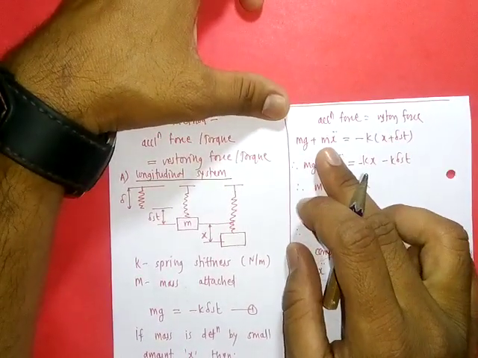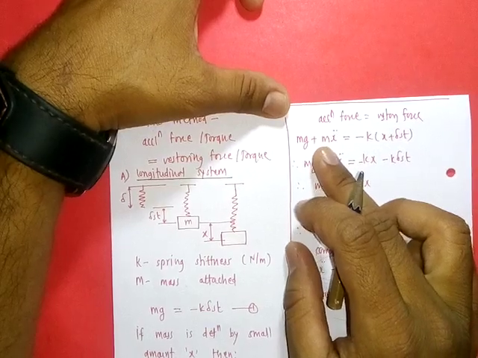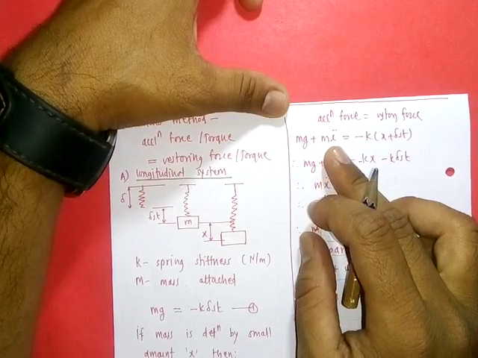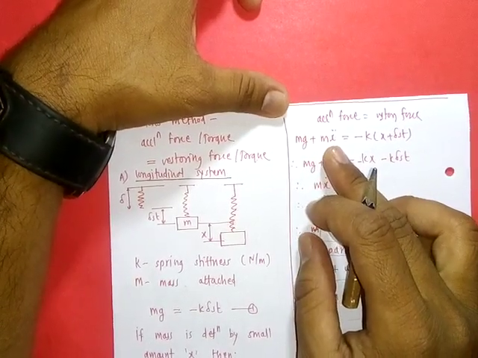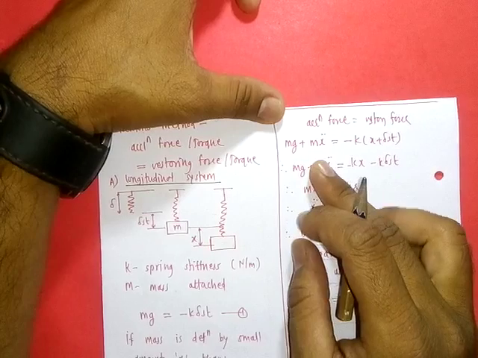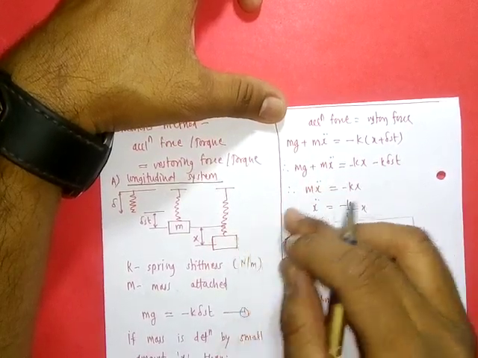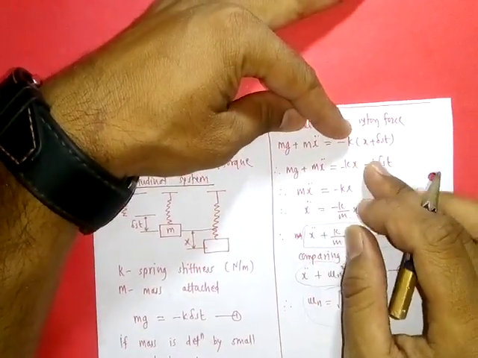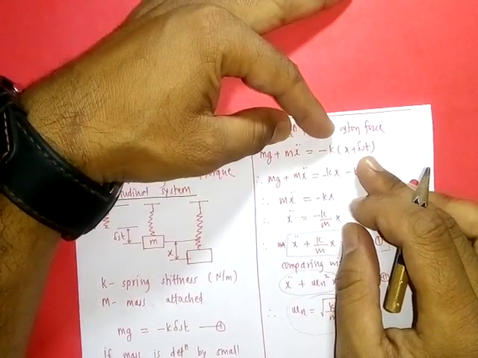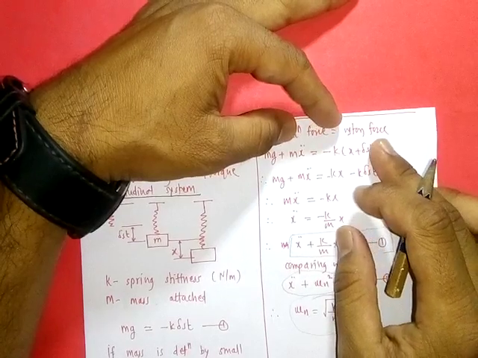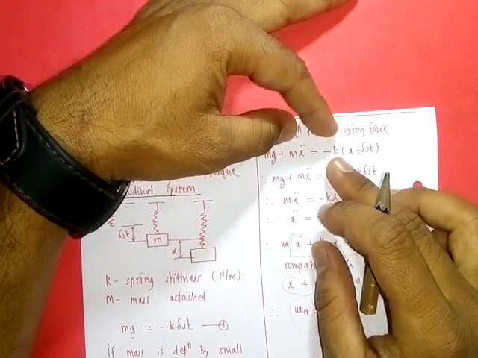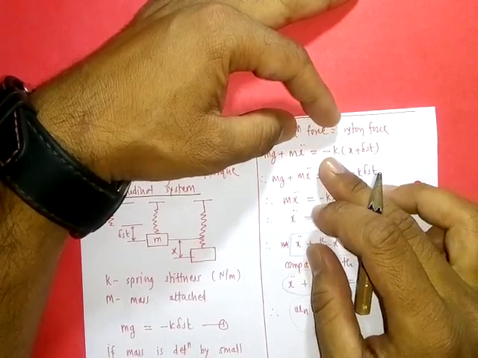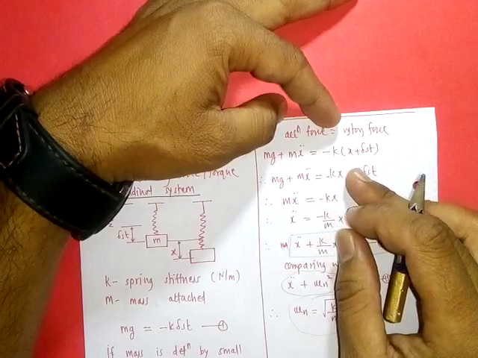The total accelerating force is the weight acting in downward direction plus, due to movement, m x double dot. At any instant, say x, the total deformation of spring is x plus initial deformation delta st, so total resisting force in upward direction will be k into (x plus delta st). Minus sign indicates both are in opposite direction.